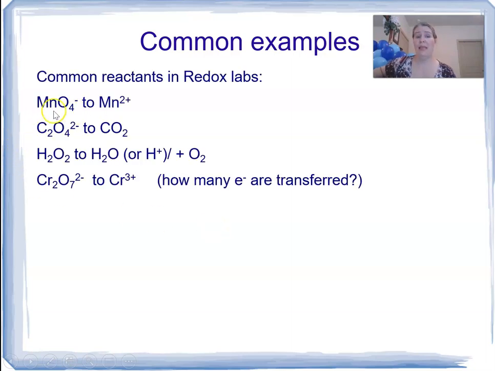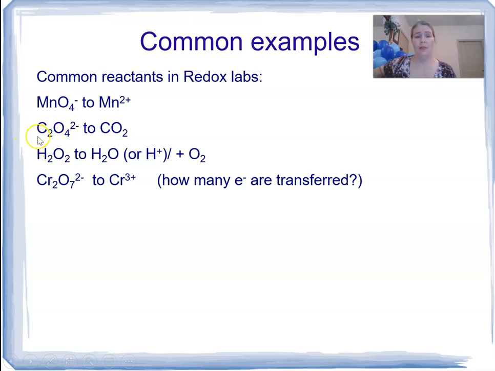You'll see permanganate going to Mn2+. Well, we said that the permanganate ion earlier is +7. So this is +7 going to +2. Do I have to add or lose electrons here to go from +7 to +2? Oh, right, I have to add 5 electrons.